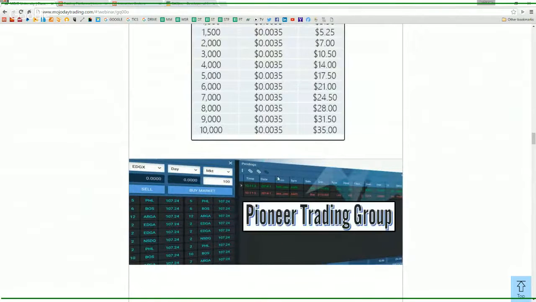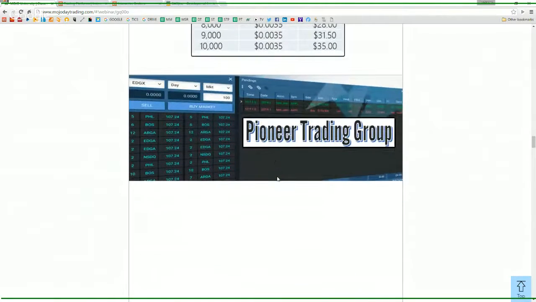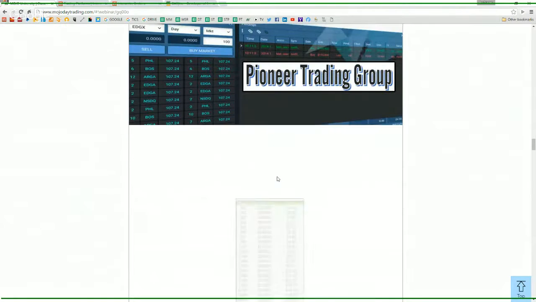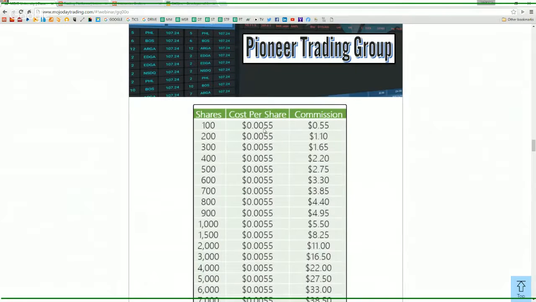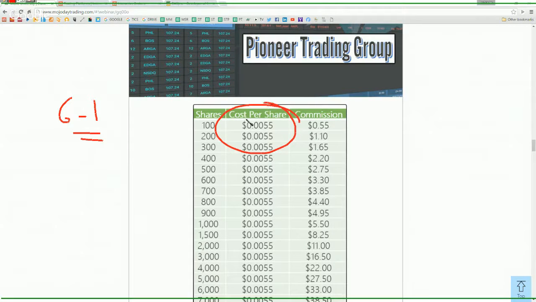Then, if you got less than 25K, you go with the Pioneer Group. Okay? They're on a per share of 0.0055. So it costs you 55 cents per 100 shares, but you get the leverage of the 6-to-1. So it's a slightly higher fee, but you get the leverage of 6-to-1, and you do 100 to 1,000 shares.